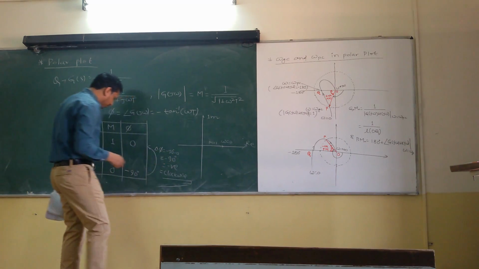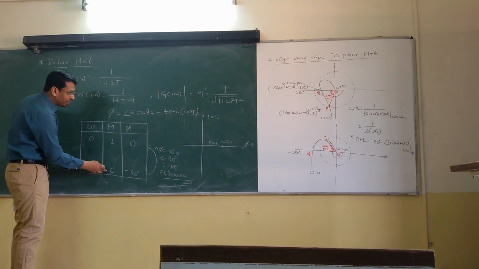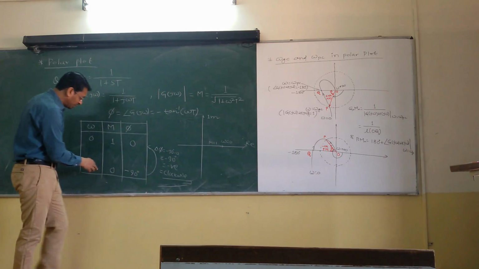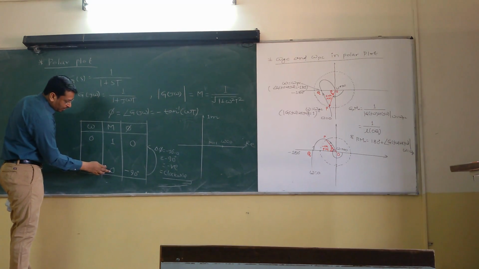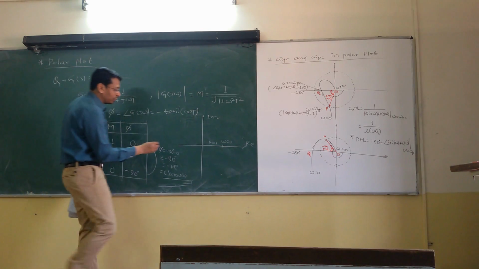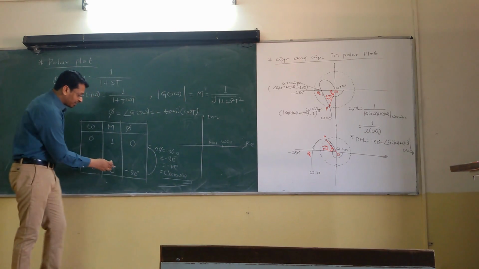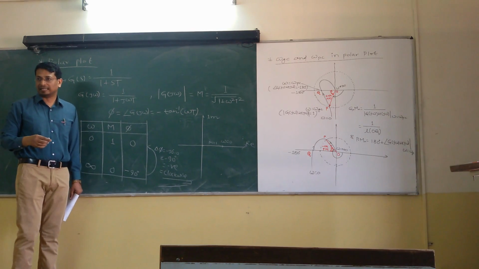And then, this is for omega equal to 0. When omega is equal to infinity, the magnitude is 0, so it will be the origin itself. Okay, but the angle is minus 90 degree.